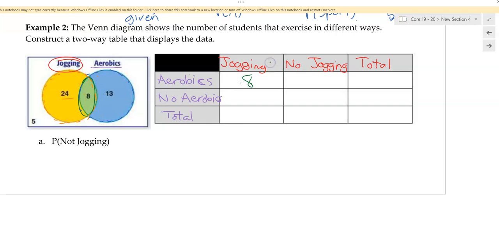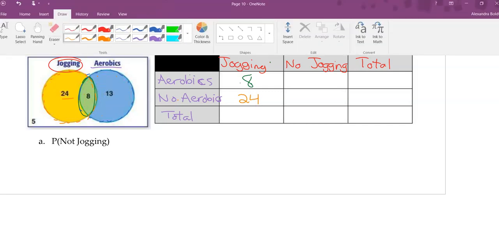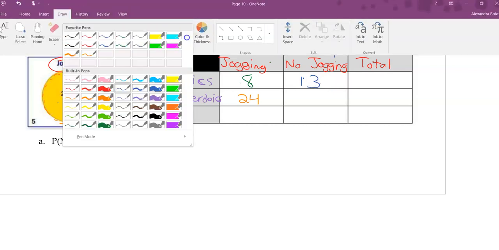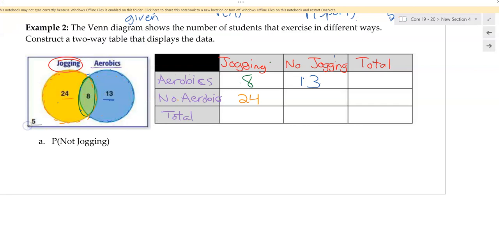So it's in jogging, not in aerobics. They meet here at 24. This 13, again, it's in my aerobic circle. It's not in my jogging. So in aerobics, not in jogging. They meet here for 13. And then this final number 5 is not in either circle. So it's not jogging, not aerobics. They meet here.